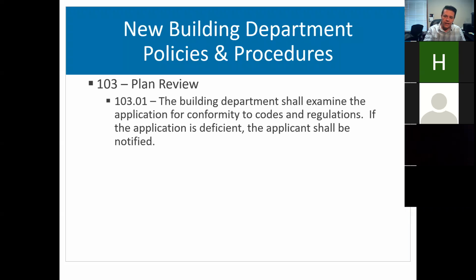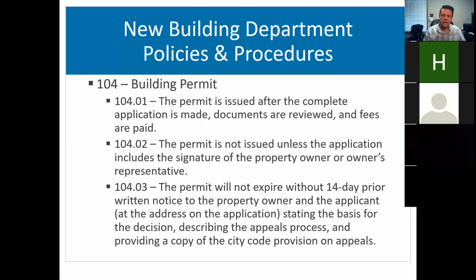We don't ever want to get in that situation, so it's best for us to keep these applications moving along. This isn't just Andy, our building official, who has to think about that. It's the people that take the applications, the people that take the payments, the planning and zoning employees that have to do planning reviews on building permit applications. We all have to make sure that we're keeping things moving on these.